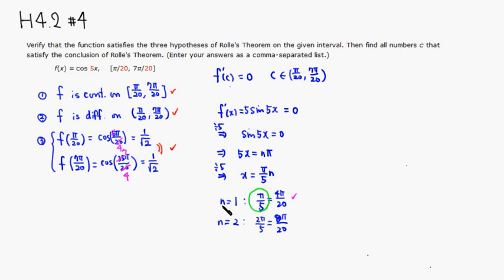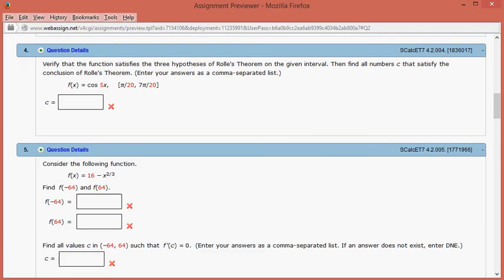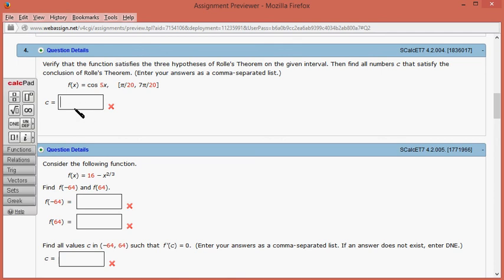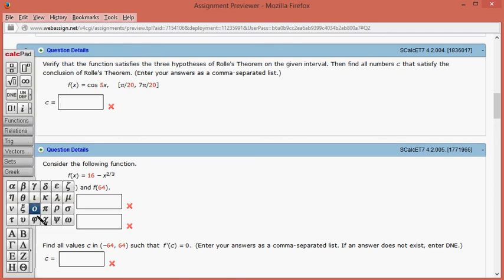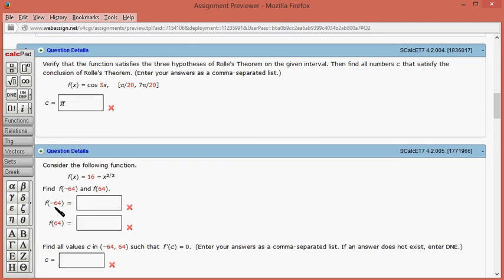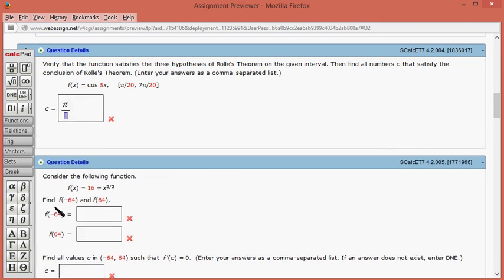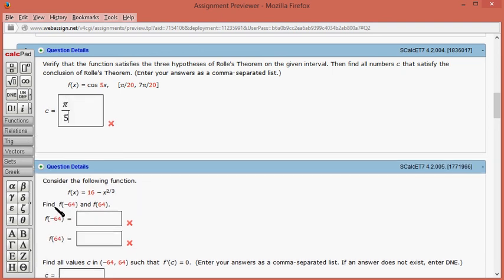That's the only multiple of pi over 5 that is still between pi over 20 and 7 pi over 20. So the answer is pi over 5, the only one.